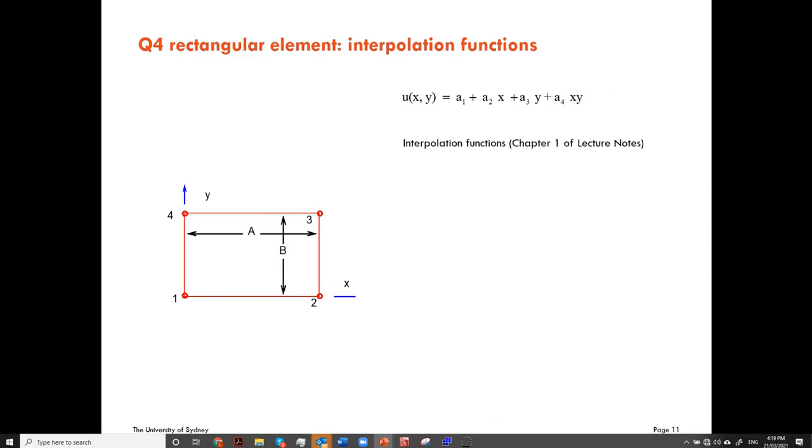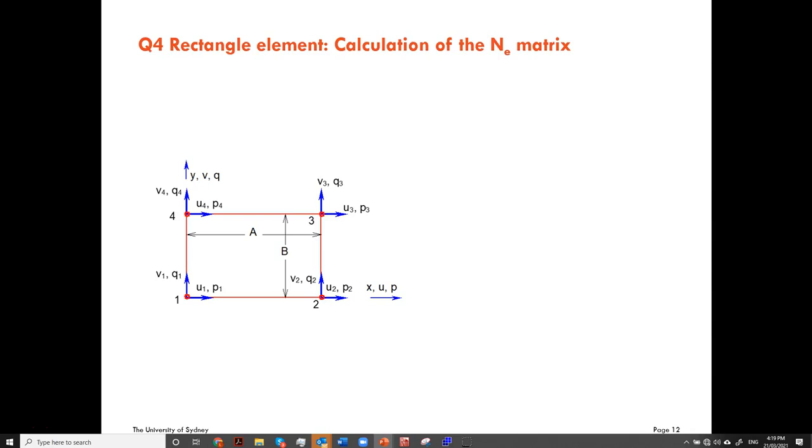The interpolation functions are given in chapter 1 of the lecture notes, and these are the interpolation functions. These are in general quadratic functions. And then we can calculate the N matrix by assuming interpolation of the x displacement and the y displacement from the nodes.